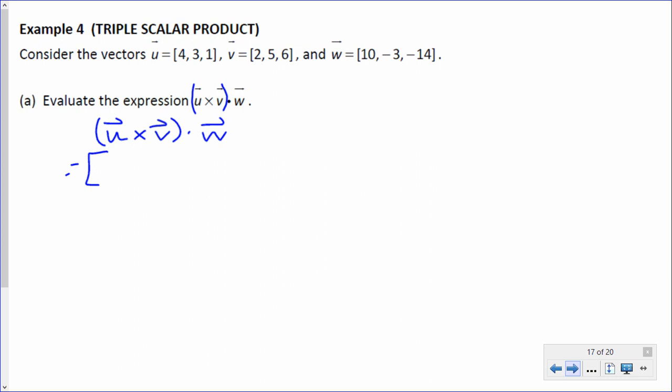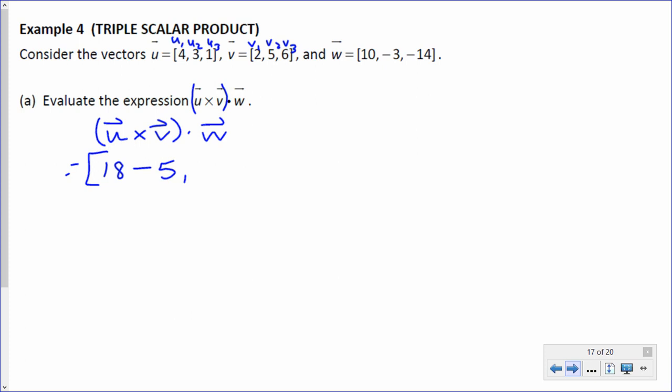Let's do it. If it helps you, write U1, U2, U3 and V1, V2, V3. For the cross product, I always start with the second component. U2 is 3, V3 is 6, 3 times 6 is 18, minus U3 V2, 1 times 5 is 5.